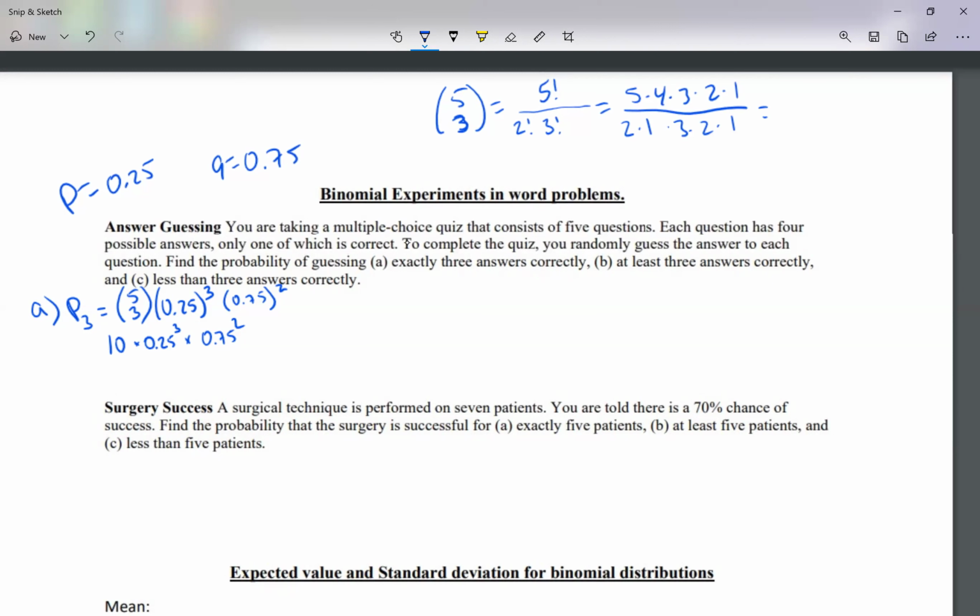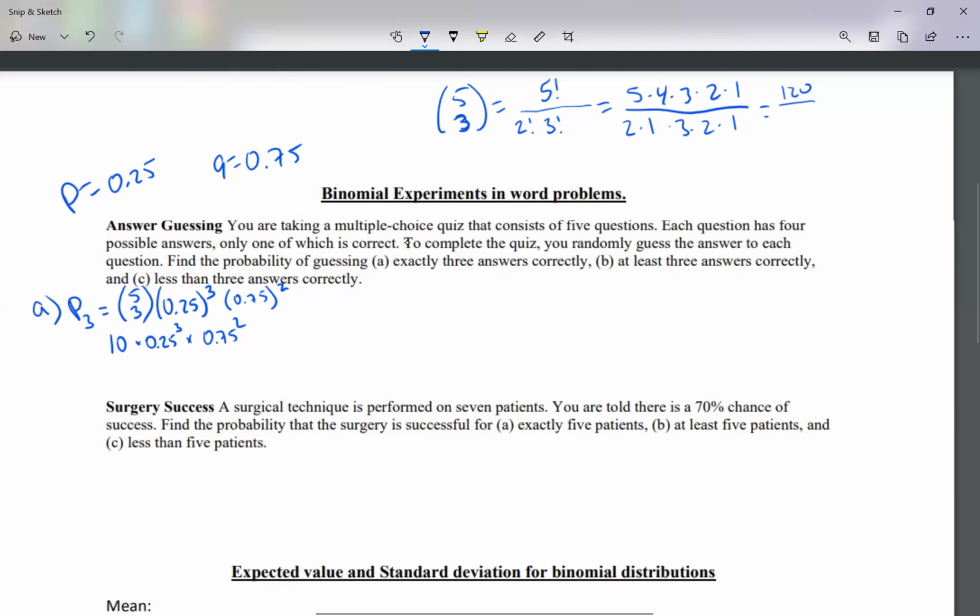So now, when I multiply my numbers on the top, I get 120. When I multiply my numbers at the bottom, let's see, 2 times 1 times 3 times 2 times 1, I get 12. 120 divided by 12, that's 10.